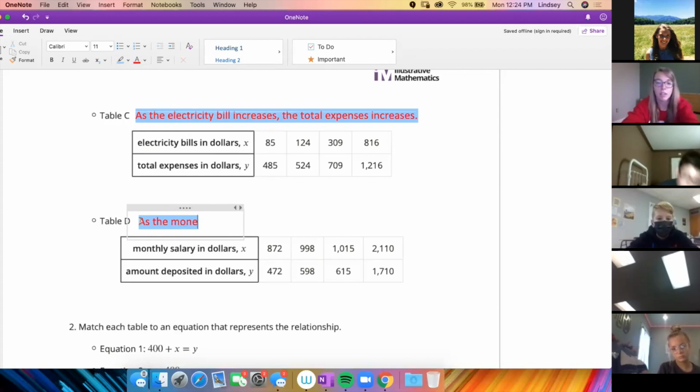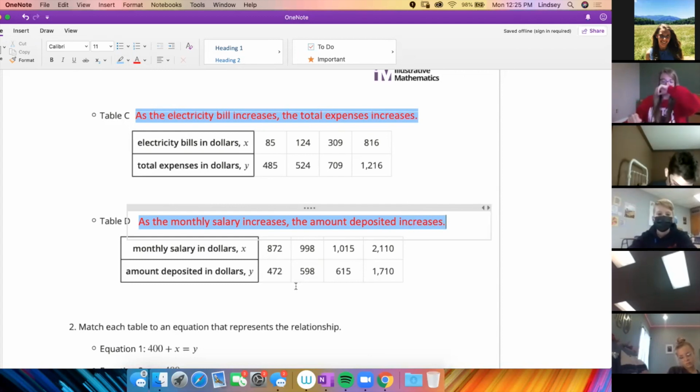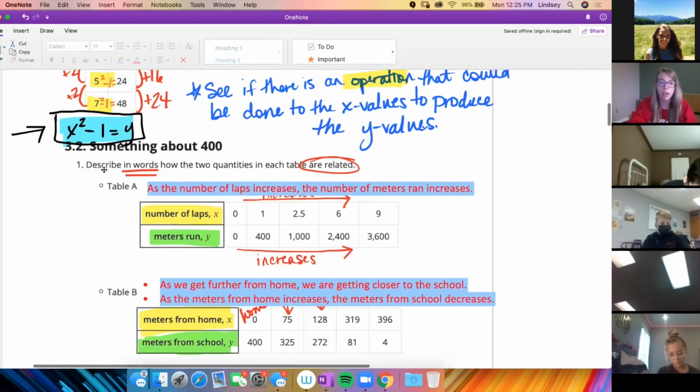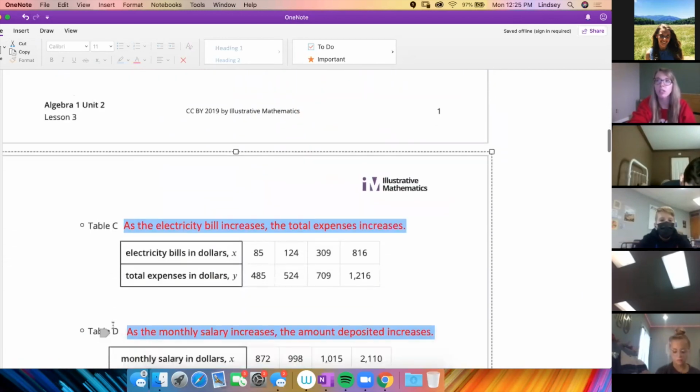As the monthly salary increases, the amount deposited, okay, it doesn't decrease. It's also increasing a little bit. All right, so all we did there was describe it in words. What's the relationship between those two quantities?